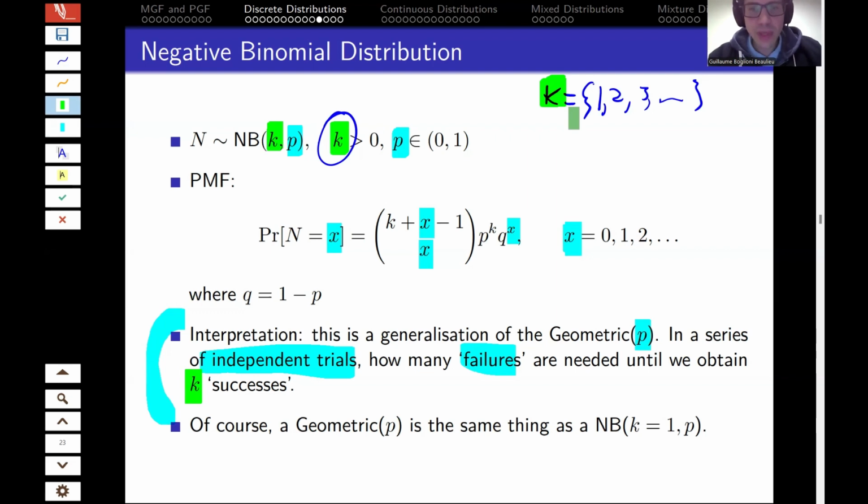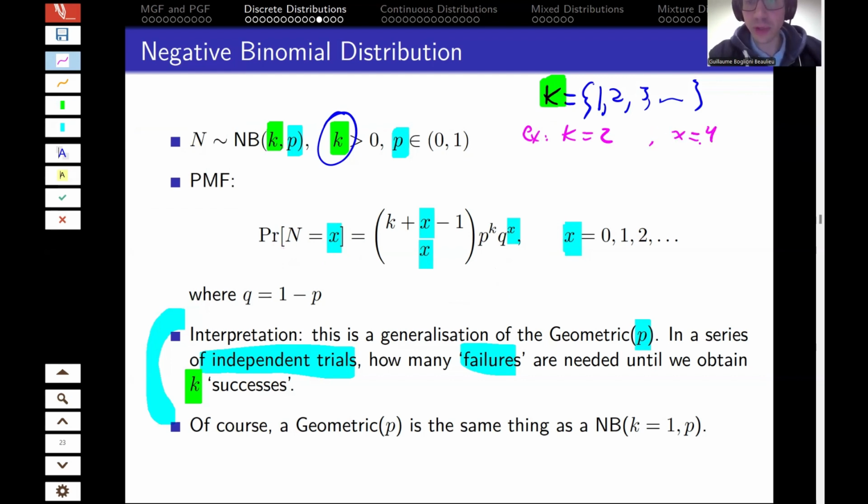Now I think we can understand this formula intuitively, and maybe there's a bit of value in me explaining it. Let's just give a numerical example. It's always easier to understand with a numerical example. So let's imagine we have just K equals 2. And then I want to find the probability that N equals a specific number. Let's say I want to find the probability that N equals 4.